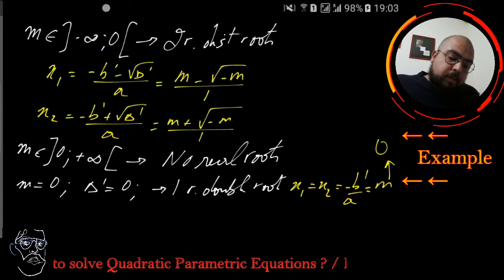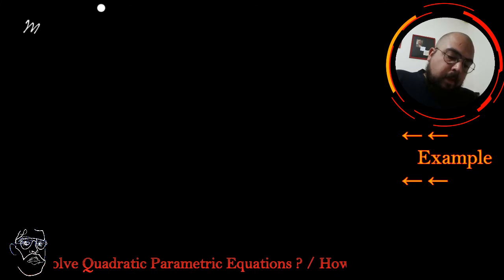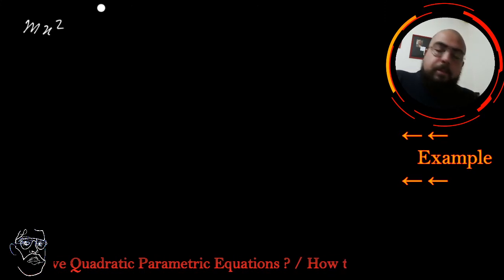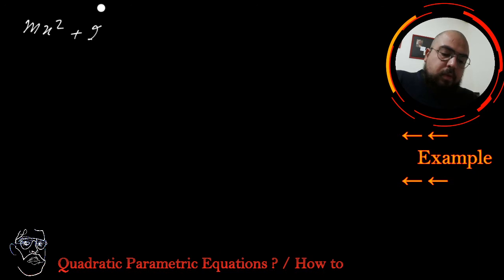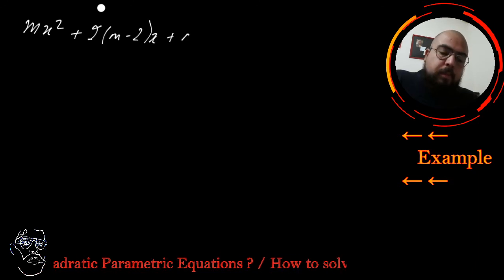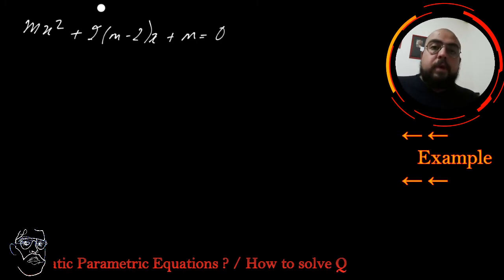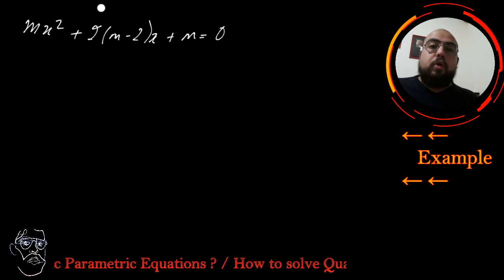The fourth example is m x squared plus 2 times m minus 2 x plus m is equal to 0. Now in this case, you first start talking about the coefficient a.